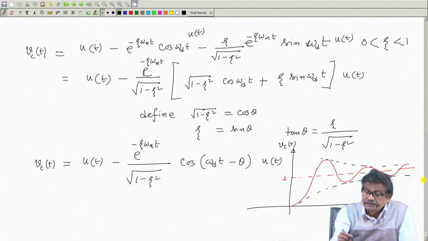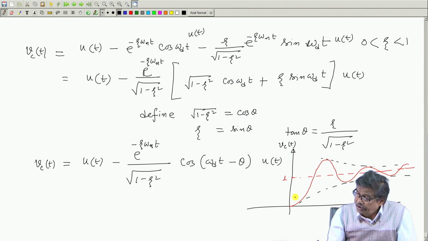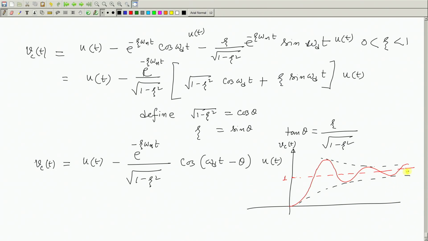Now, in this case it will be oscillating. The capacitor voltage will first go up, there will be an overshoot, then an undershoot, but the first undershoot will be less than the amplitude of the first overshoot and so on.